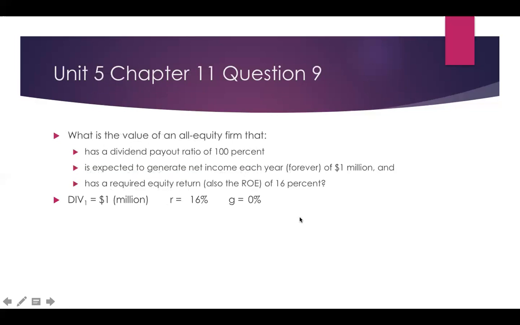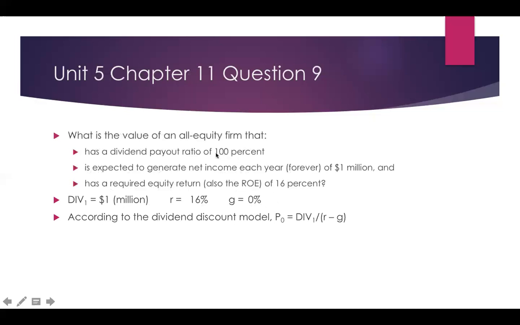All right, so starting with what we know. And also, we're going to be using the dividend discount model equation. The reason G here is listed as 0 is because the dividend payout is 100%.